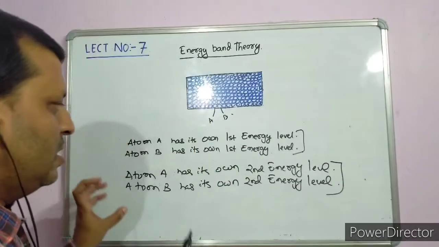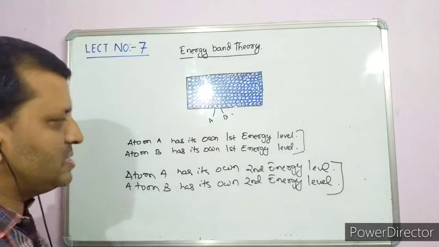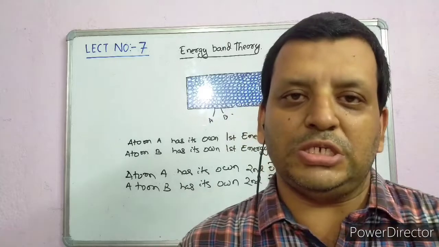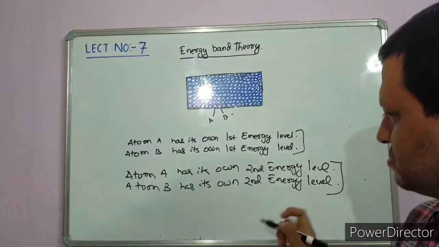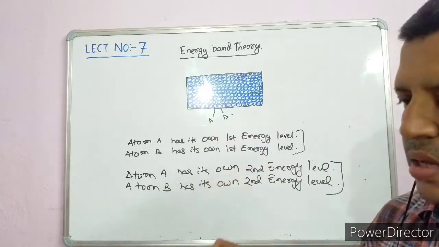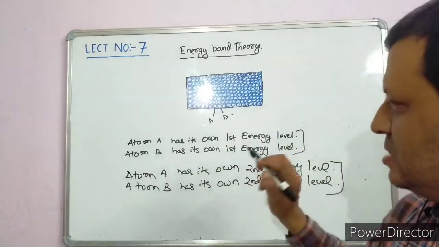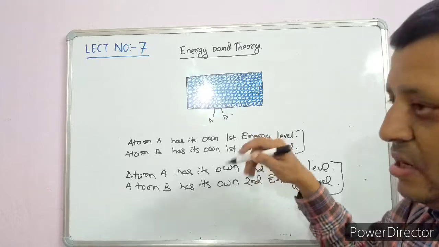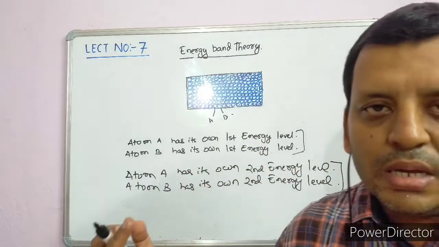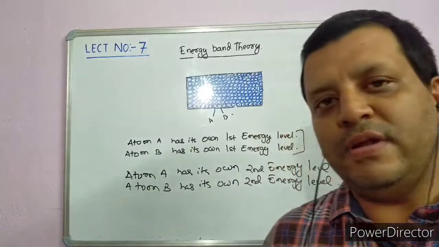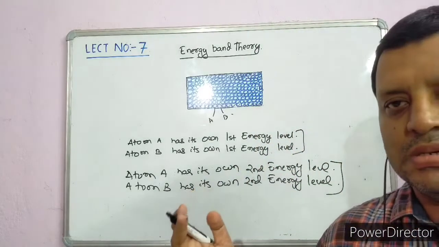So in this process, a range of energies comes into picture, because atoms are quite closely packed, so the energy level of one atom interferes or mixes with the energy level of other atoms.